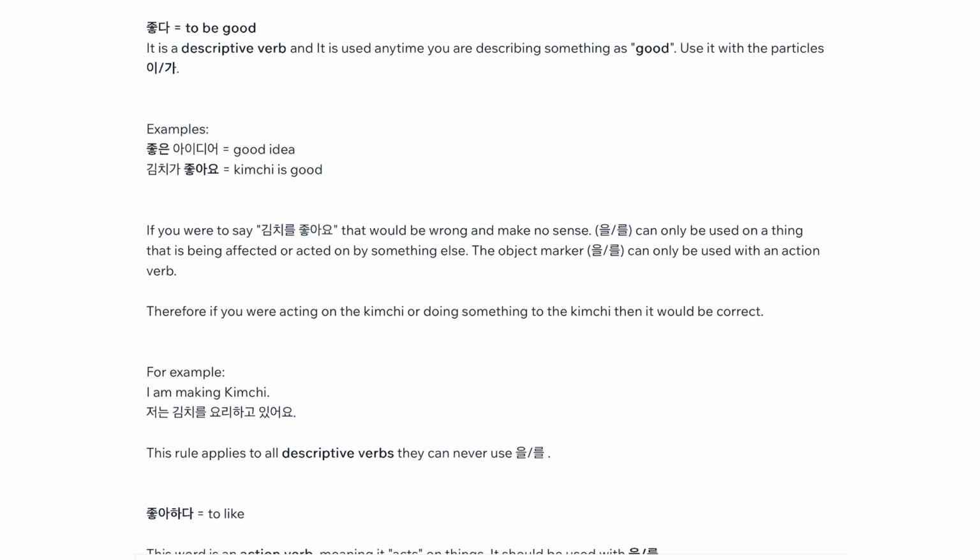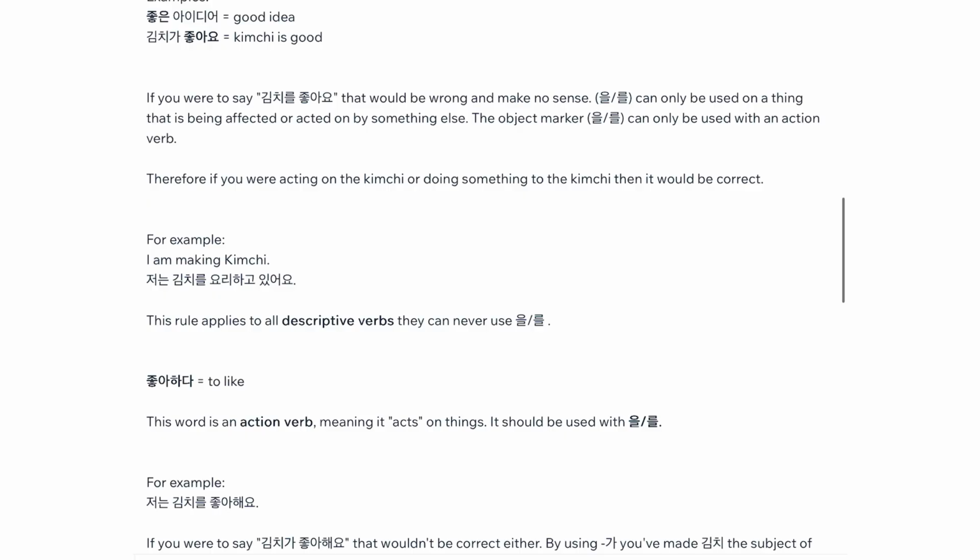And the object marker can only be used with action verbs, right? Like, remember we said this is an adjective. Some people might call it descriptive verb. It's kind of the same thing in my mind. So, therefore, if we're acting on the kimchi, doing something to the kimchi, then adding a 를 is correct. I am making kimchi. 저는 김치를 요리하고 있어요.